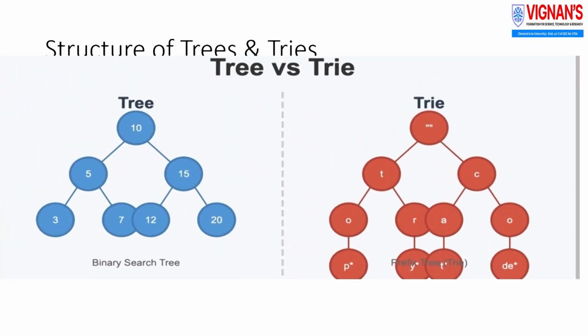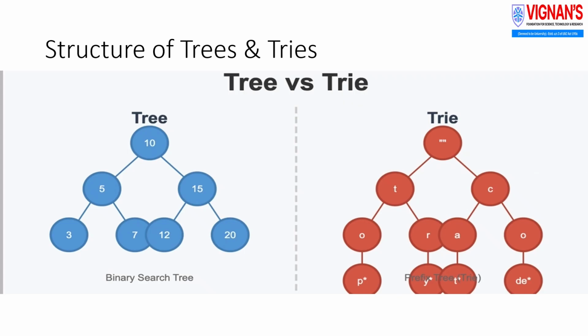Structure of trees and tries. This slide shows the structural difference between a tree and a trie. On the left side, we see a binary search tree, where each node stores a numeric value. The structure depends on ordering rules, and the levels do not have any fixed meaning. On the right side, we see a trie, also called a prefix tree.